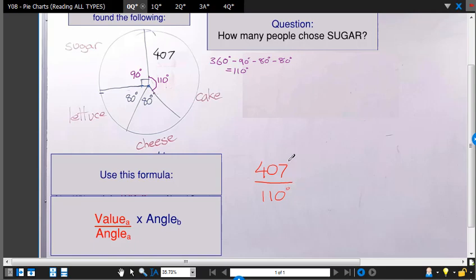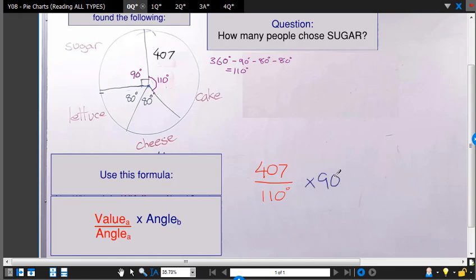We'll put in 110, and we're going to multiply that by the angle of the category that we want to know. I just call it angle B, which is sugar. You can call it angle S for sugar, or value C and angle C for cake if you want. It's just so we know they're different. Sugar's angle is 90 degrees.